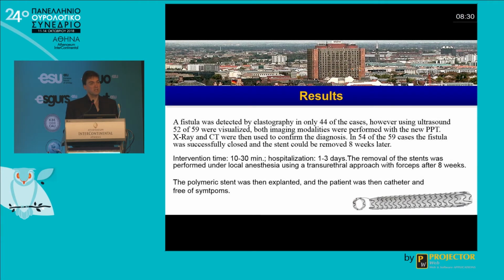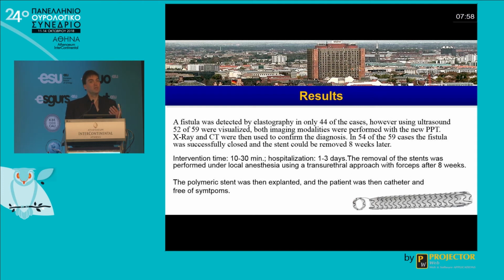The important thing is that the detection rate of distal problems of the ureter is really high. For stones it is 99%. For fistula you will get it in 90%, and we recommend that you use only the B picture, the B mode, because it is interesting if you use also elastography, but nobody has it all.